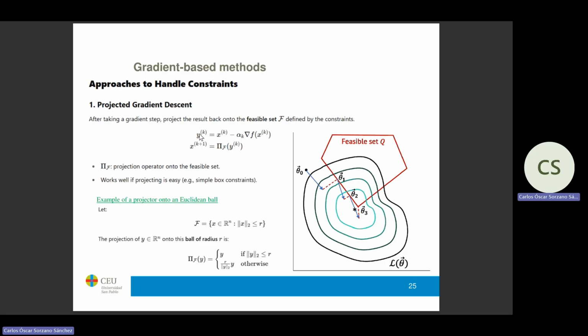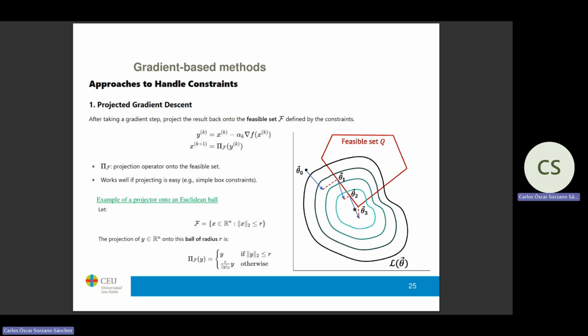Then we had constraints. So how do we handle the constraints? First we do a kind of gradient descent step. So you are at xk, then you update and produce, let's call it yk. And then this yk is projected into the feasible set. So this is the projection operator onto the feasible set.